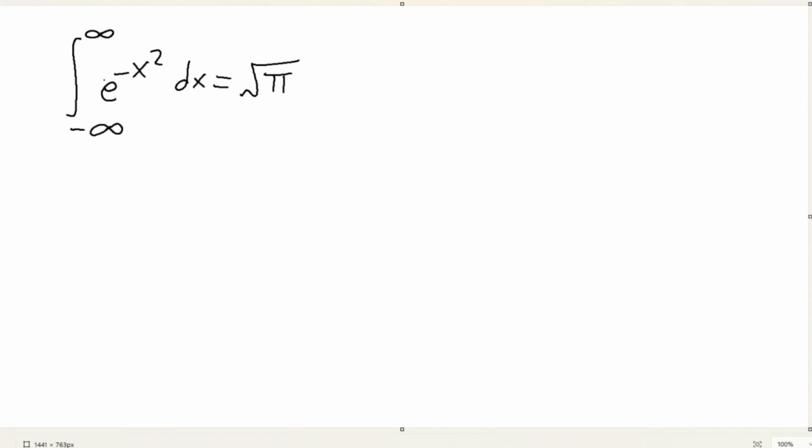Of course, this is an even function, so if we only have from 0 to infinity, this would just be the square root of pi over 2.